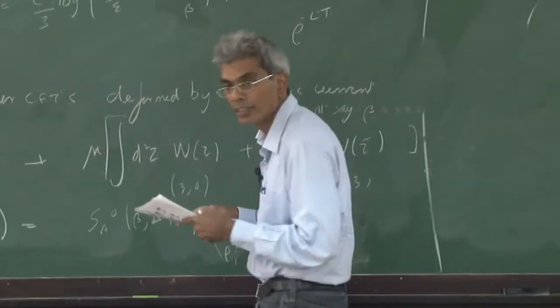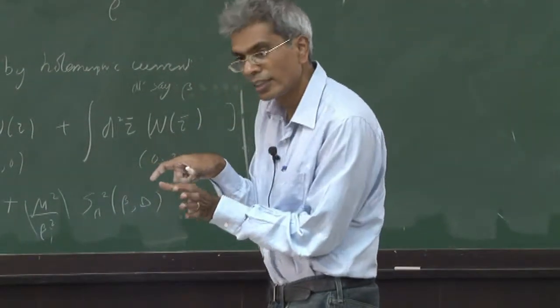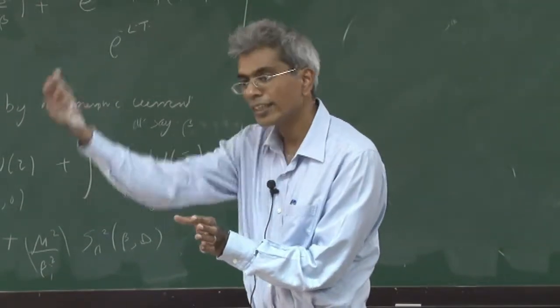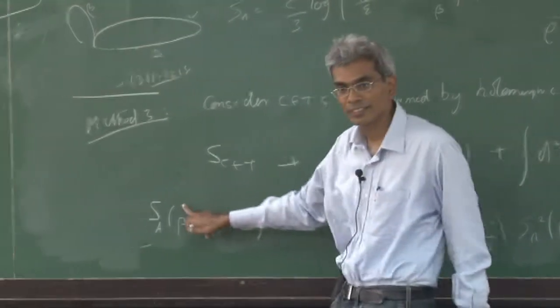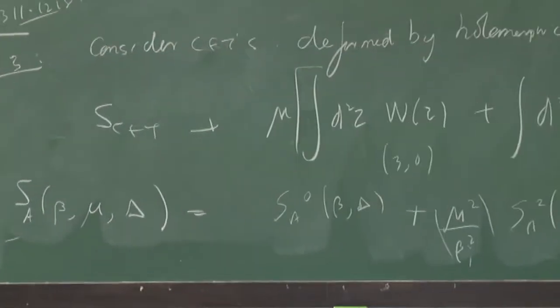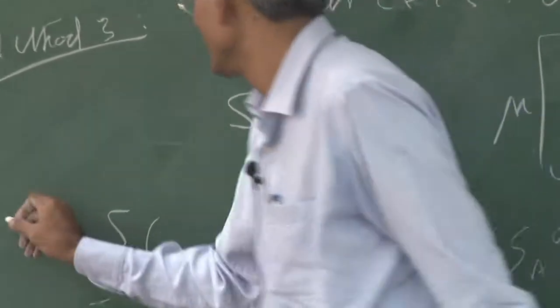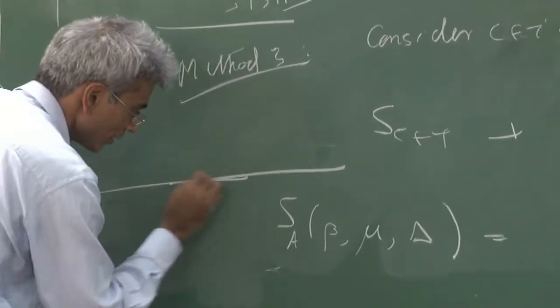So yeah, this is on a circle, and there's an interval of length delta, and it's at finite temperature also. The CFT is on a line.